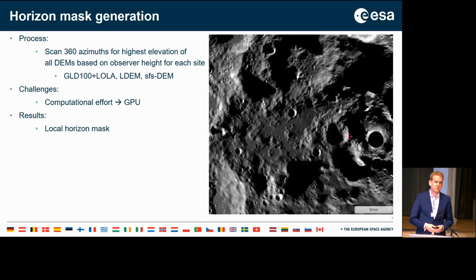So what we're doing is basically understanding how the local horizon would look like standing at any point on the lunar surface. For that, we're usually using 3 different DEMs, because we have to look up to, let's say, a distance of maximum 220 kilometers to catch even far hills that might contribute slightly to the overall horizon mask.